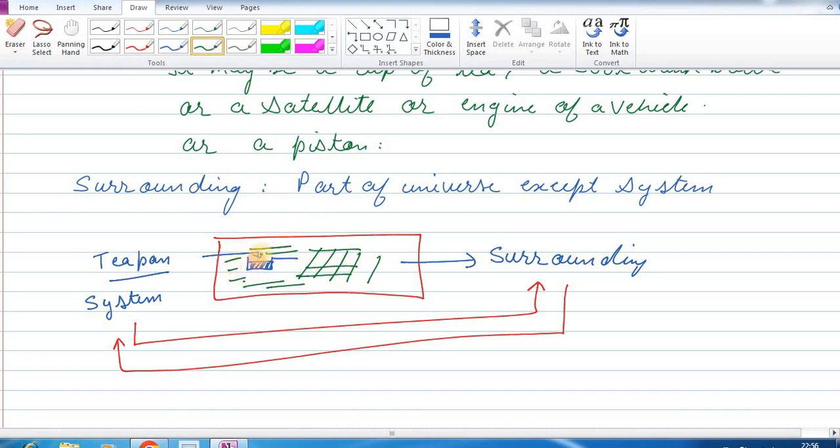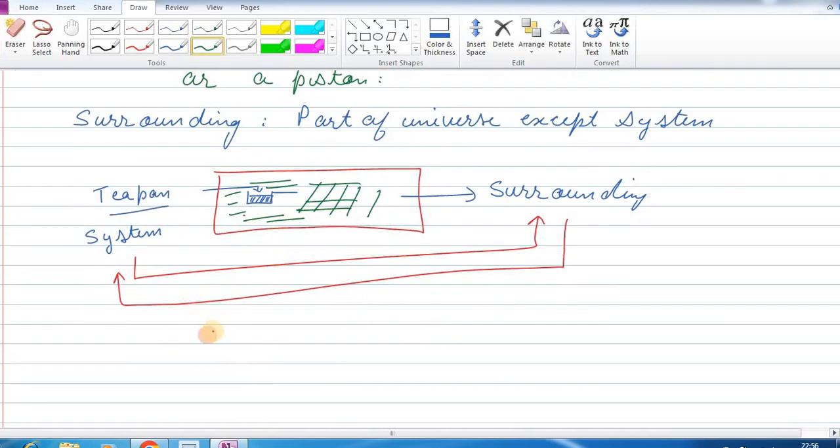So system plus surrounding is called the universe. We have to deal with the properties of both, but my main focus is the system.